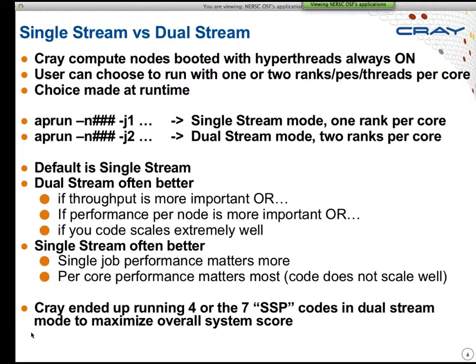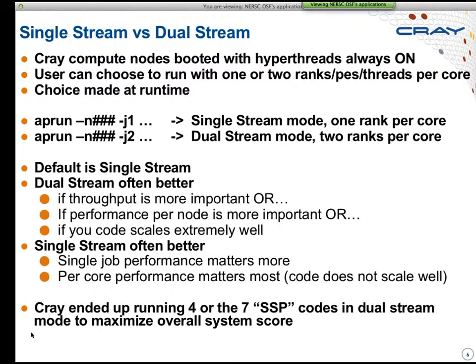Yes, exactly. To me, it only makes sense if you do that. I will point out, though, that if you do mppnppn equals 32, that doesn't mean that you have to run with -j2.